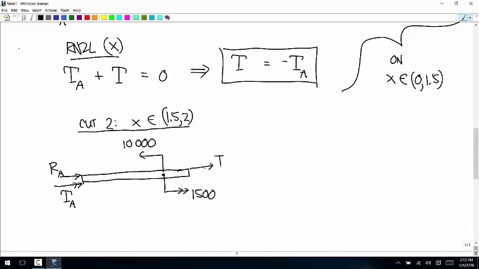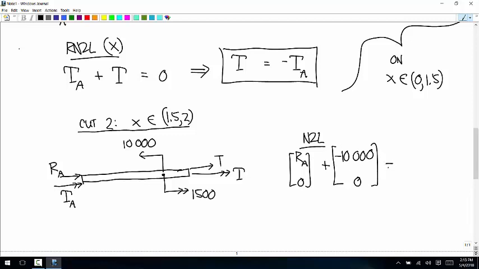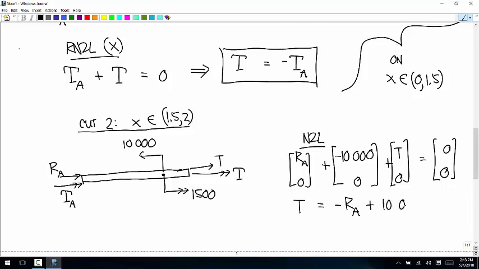And then the internal tension and internal torque. Newton's second law says RA plus negative 10,000 plus T equals 0. So T is equal to negative RA plus 10,000.